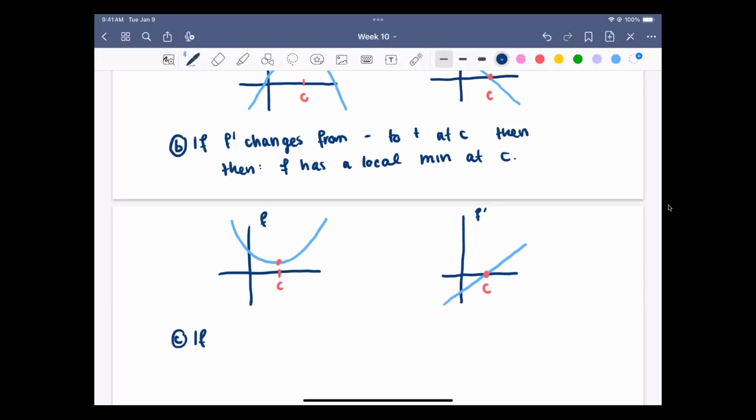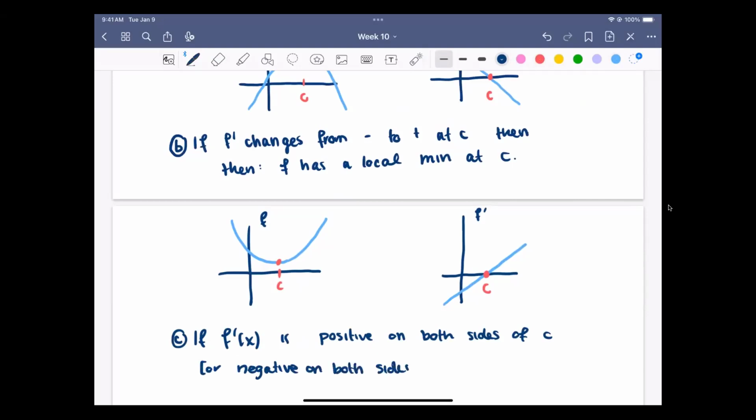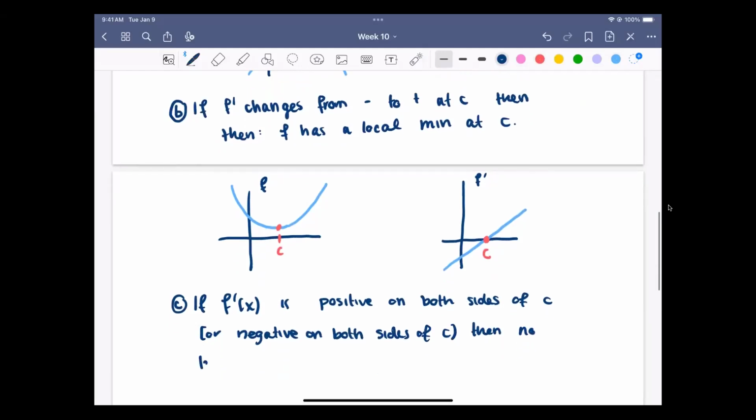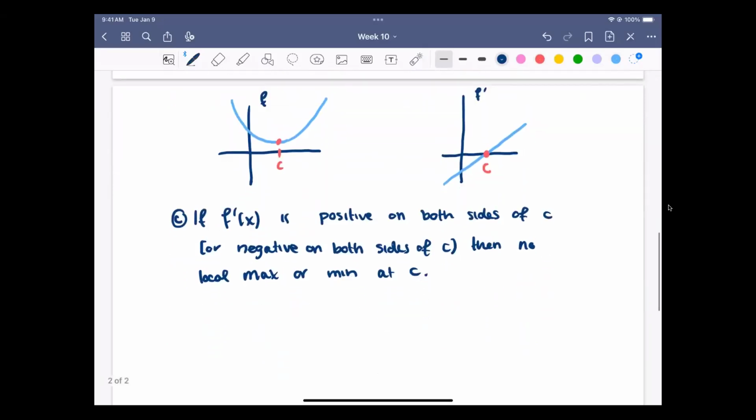If f prime of x is positive on both sides of C, or negative on both sides of C, then there's no local max or min at C.